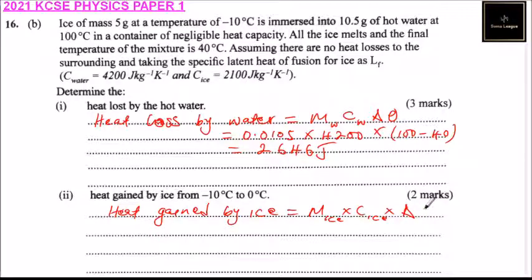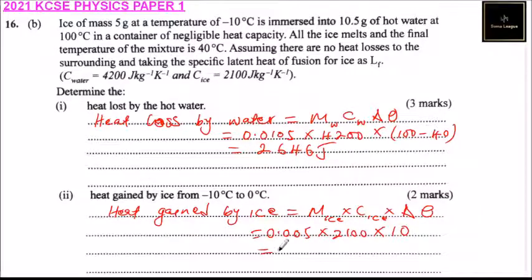So this is equals to the mass of ice, 5 grams, which is 0.005 kilograms, multiplied by 2,100, the heat capacity of ice, and change of temperature from 0 minus minus 10, that will give you 10.